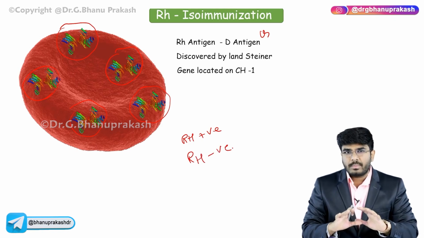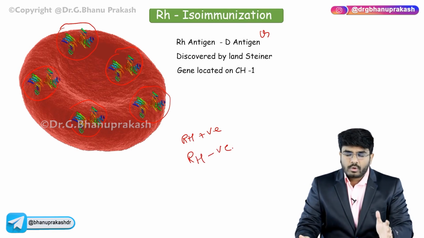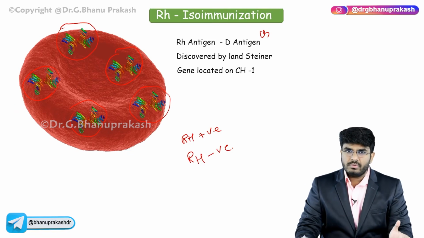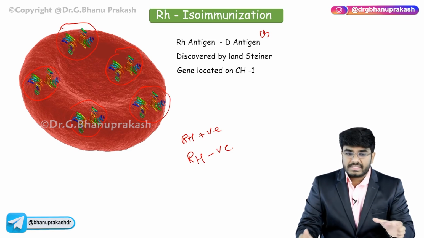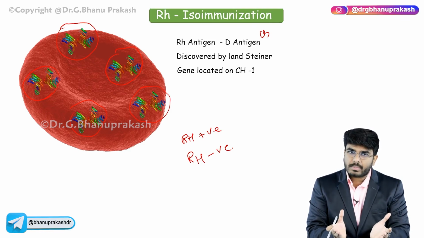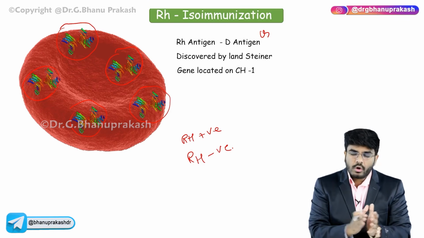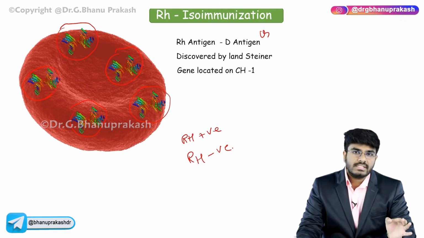So what do we mean by an RH positive female? We call a female RH positive if she has D antigens on her RBC. If there are no D antigens on her RBC, then she is RH negative.